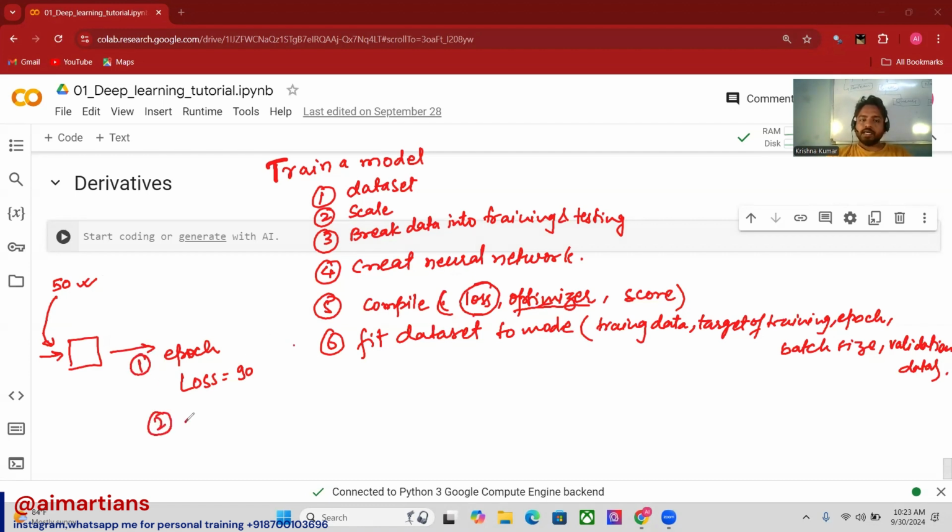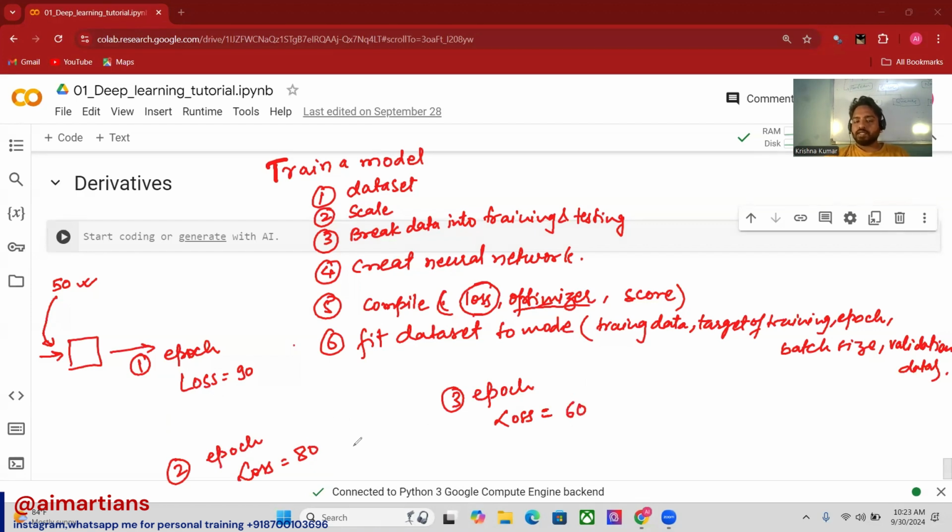Then on the second epoch, my model calculates the loss which was 80. On the third epoch, the neural network calculates a loss which is around 60.